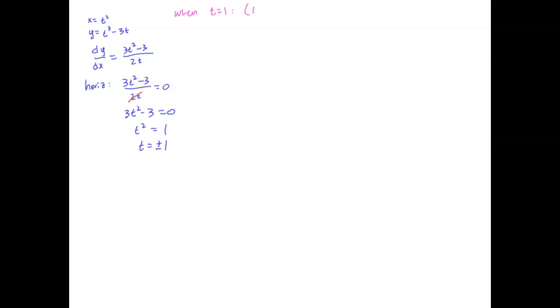And if I plug it in for y, I get negative 2. Does that make sense? And then we'll just do the same thing for negative 1. When t is negative 1, I'll plug it in for x, I still get 1. I plug it in for y, I get negative 1 plus 3, so positive 2.